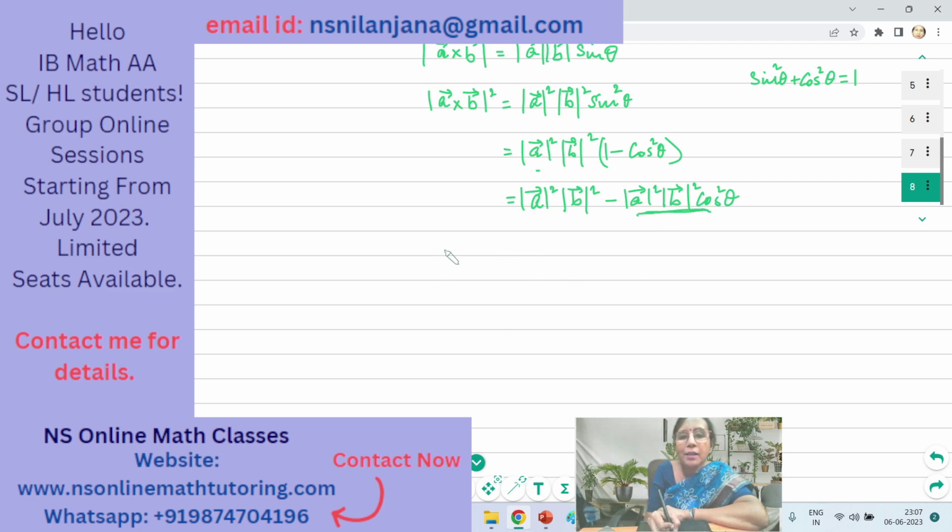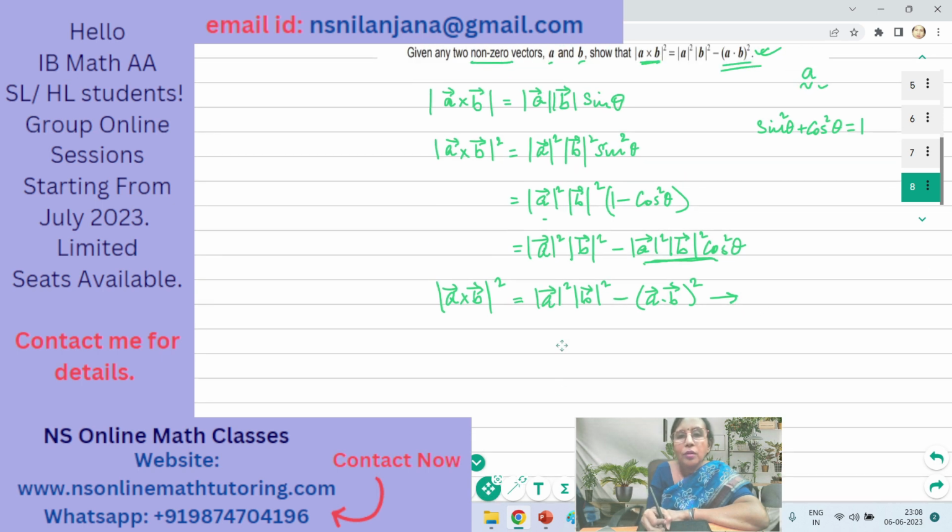This can be written as modulus of A whole squared times modulus of B whole squared minus the scalar product of A and B vectors whole squared. Okay, proved.